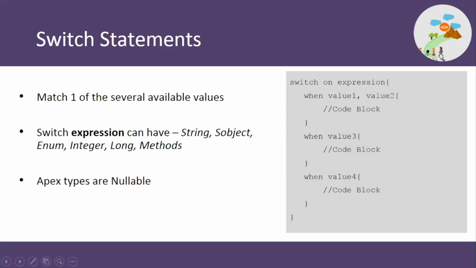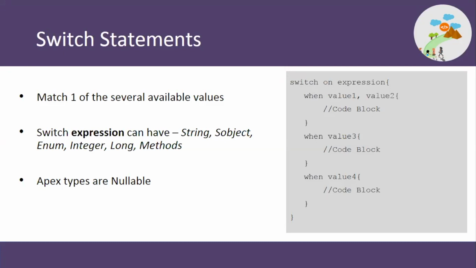So this is how you would write a switch expression or a switch statement. The switch statement comprises three main pieces. The first is the logical expression based on which I would switch. And then there are limitations.